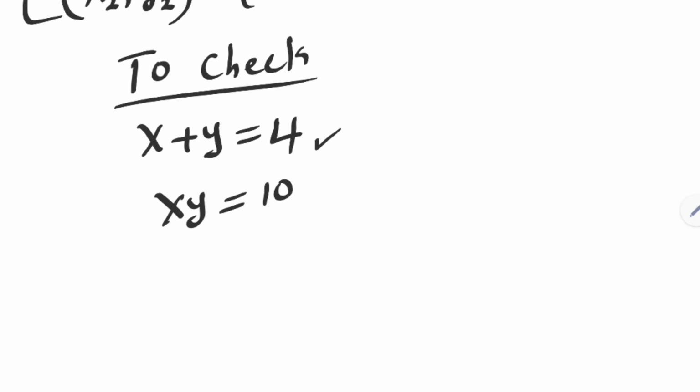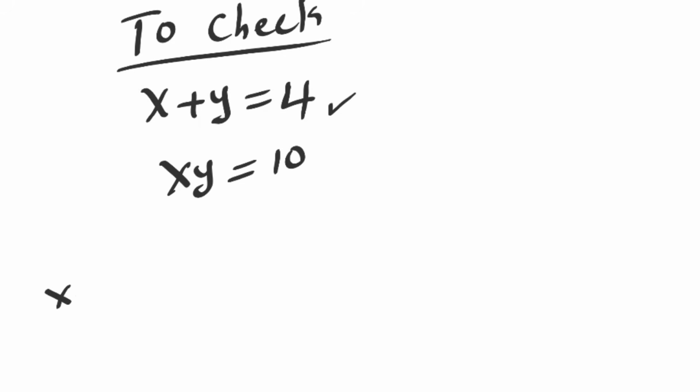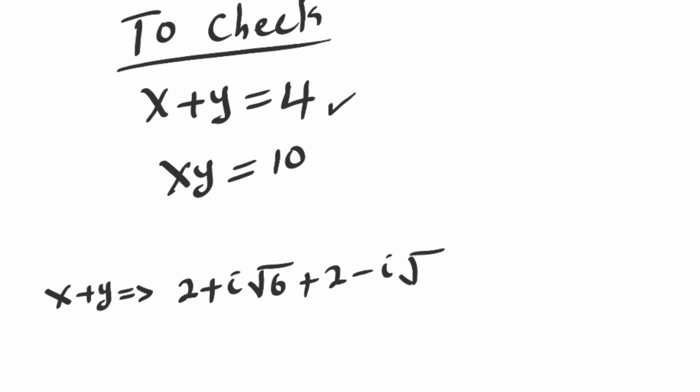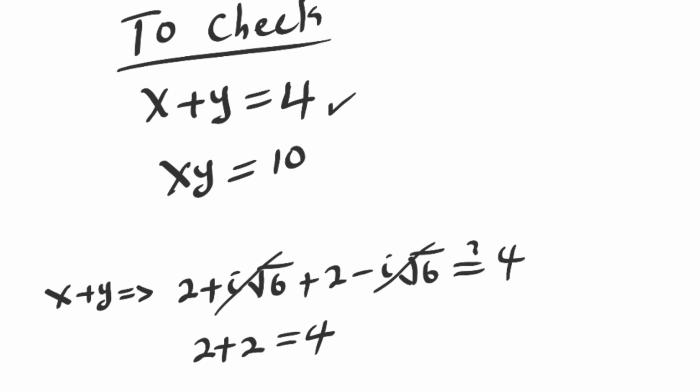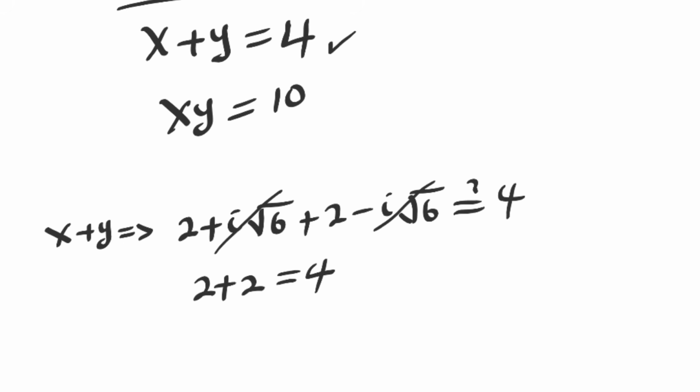Let us consider this. x plus y, we have 2 plus i root 6 plus 2 minus i root 6 must be equal to 4. This cancels this. 2 plus 2 is equal to 4. We have 4 is equal to 4, which is true.